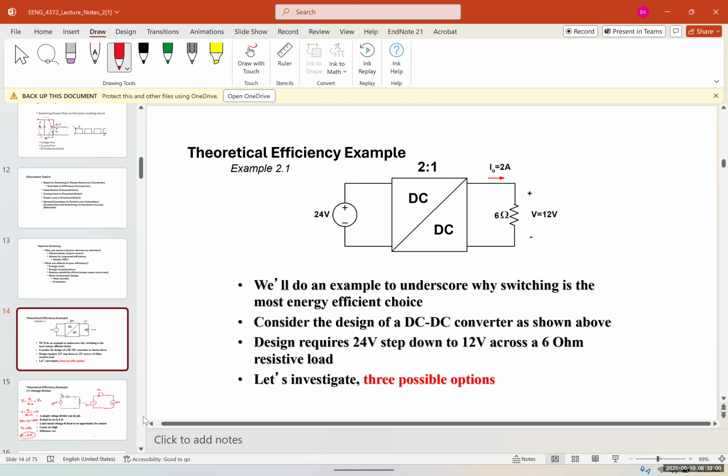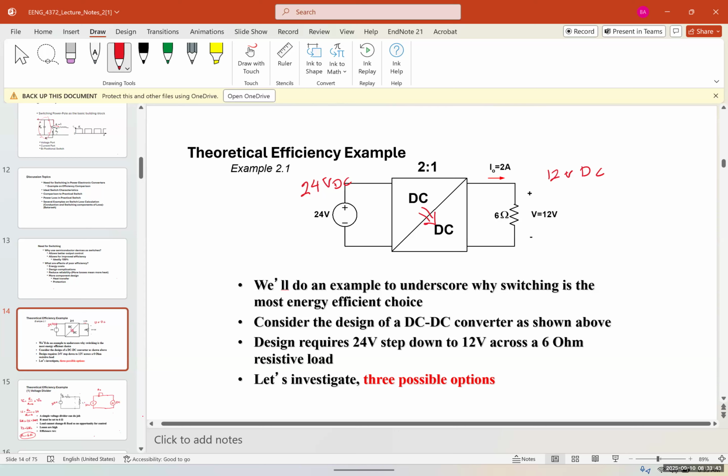The design requires a 24 volt step down to 12 volt across a 6 ohm resistive load. Let's investigate 3 possible options. Before I start, again, the input is a 24 volt DC and the output is 12 volt DC. So it's a DC to DC converter, but we want to change the voltage. We want to step down the voltage. We want to cut the voltage in half.